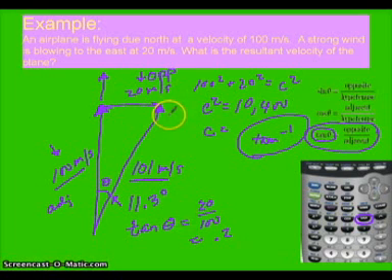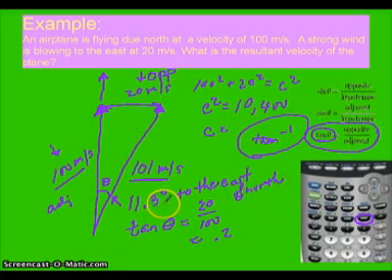Now I can look at my drawing and say that's 11.3 degrees to the east of north. Tells me exactly what direction. So this pilot, if he wants to fly due north, is going to have to compensate for this wind 11.3 degrees.